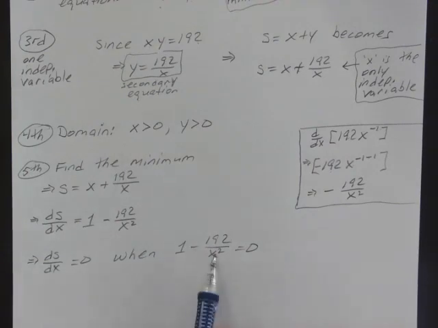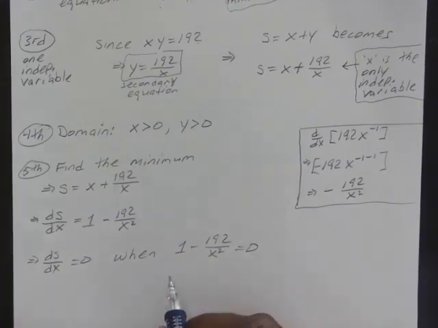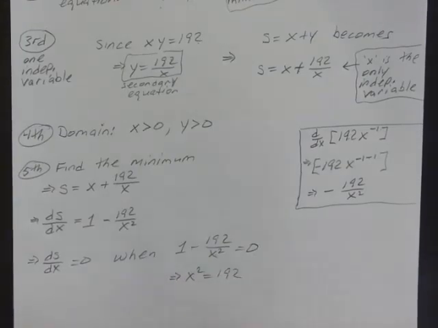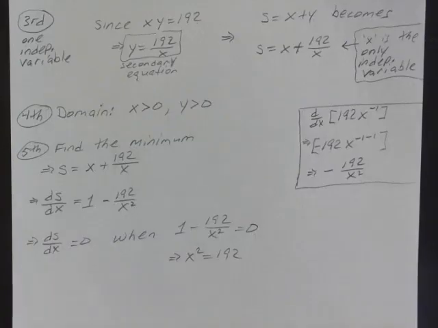So if we add 192 over x squared to both sides and then multiply both sides by x squared, we end up with x squared is equal to 192. And if you plug it in, you get 192 over 192, so 1 minus 1 will equal 0, so that would be true.